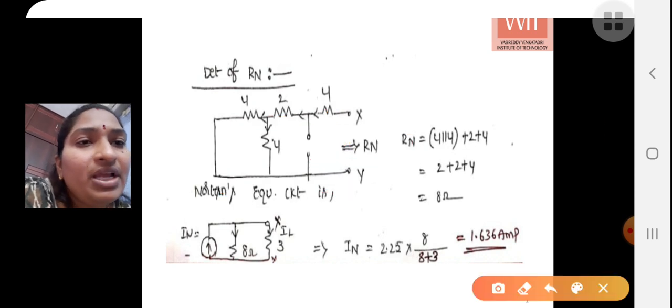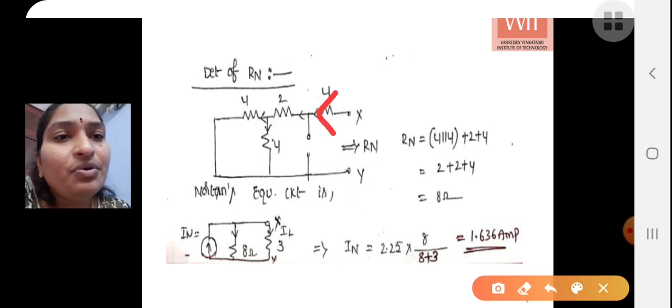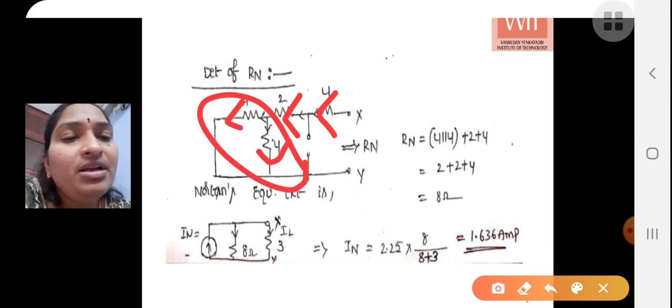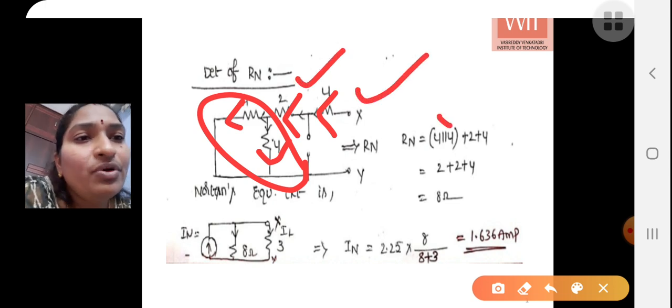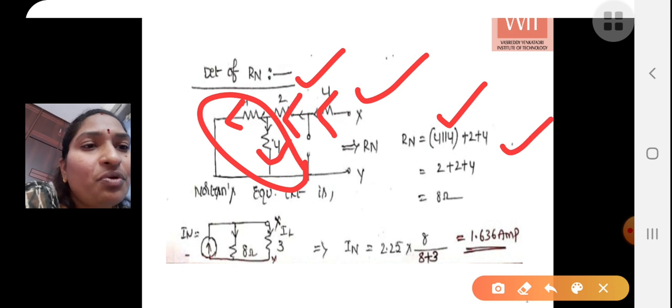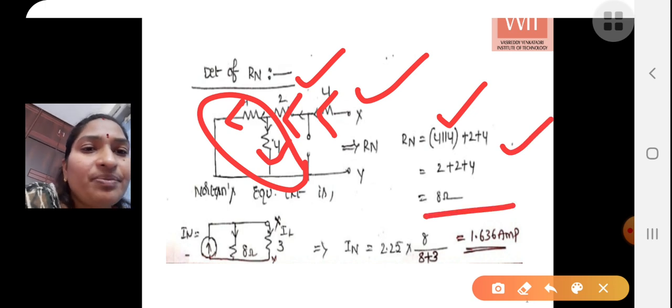The same current flows like this and then divides, so these two are in parallel, and that combination is in series with 2 ohms and 4 ohms. So 4 in parallel with 4, plus 2 plus 4, is 8 ohms.